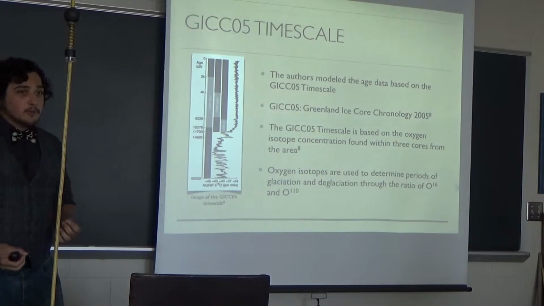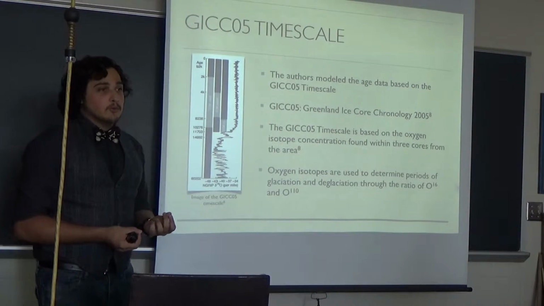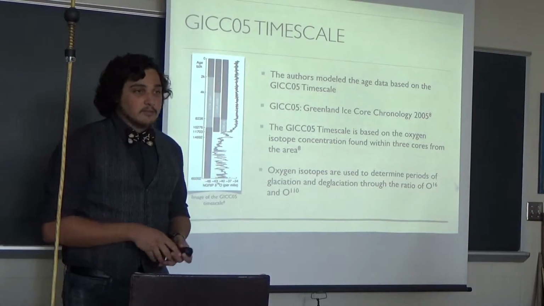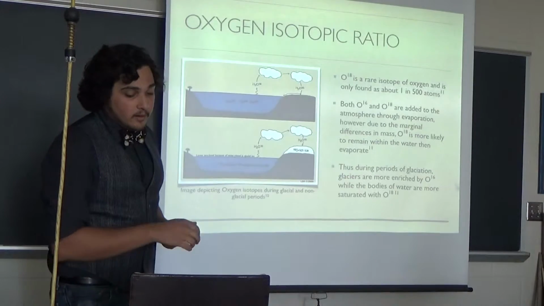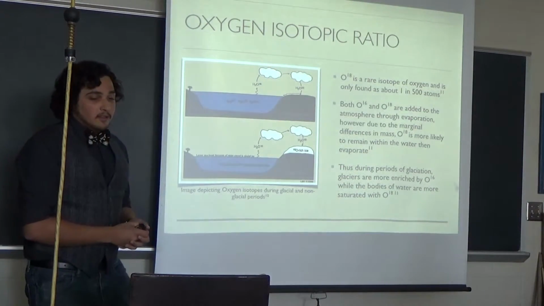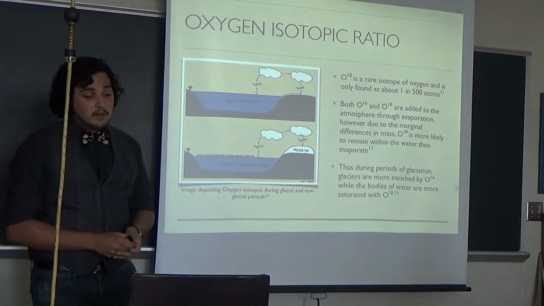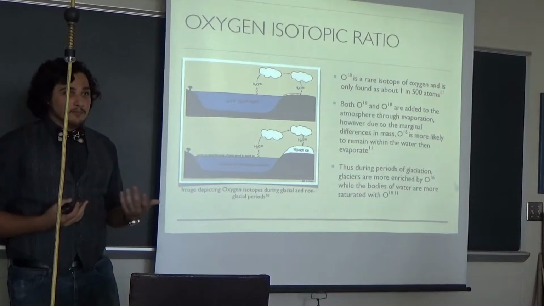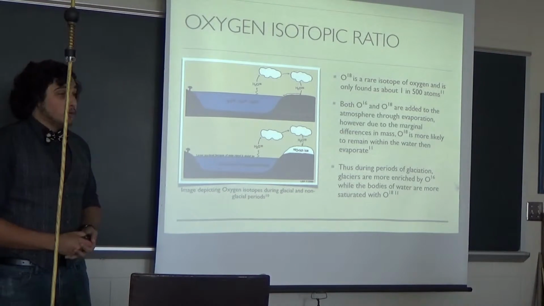And oxygen isotopes are essential to describe what periods were glacial forming and what periods were deglaciating. Oxygen isotope ratios. So based on the Greenland cores, there are 2 major stable oxygen isotopes that we concern ourselves with, and that's O16 and O18.